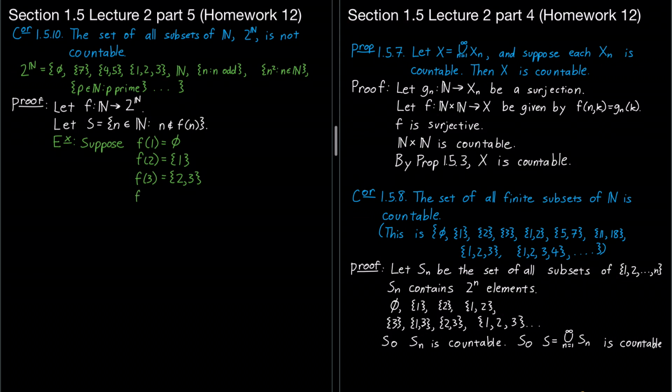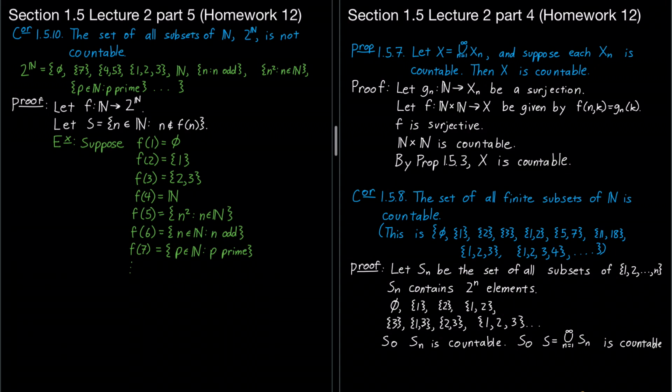Let's say f of 4 is all the natural numbers. f of 5 is the set of all the perfect squares. f of 6 is the set of all odd numbers. f of 7 is all the prime numbers. And so on and so forth.